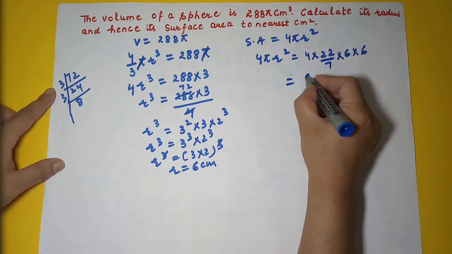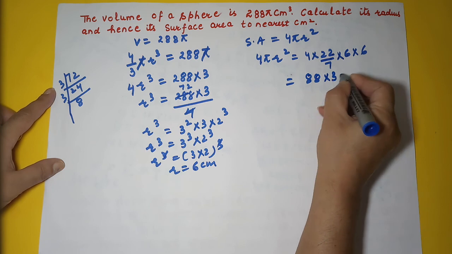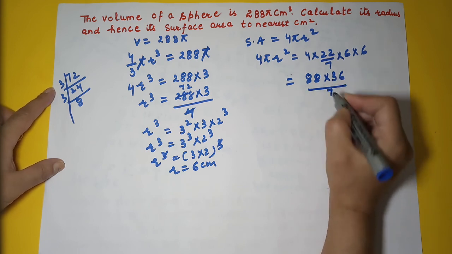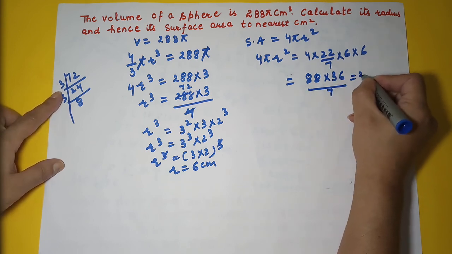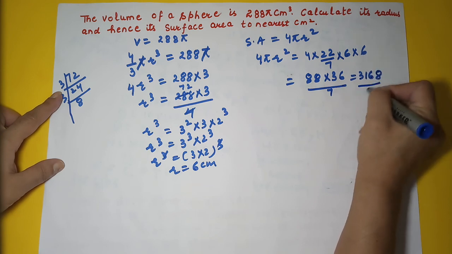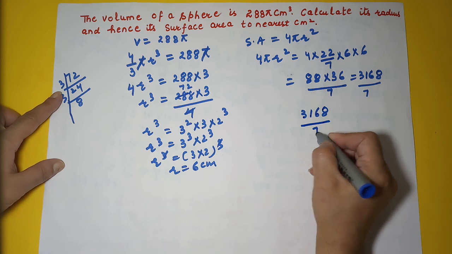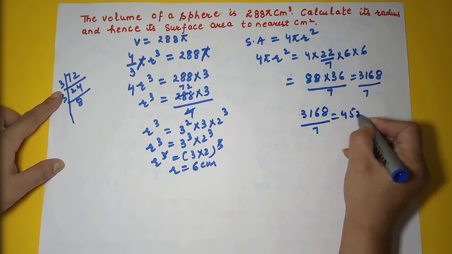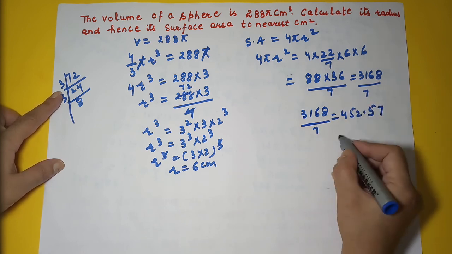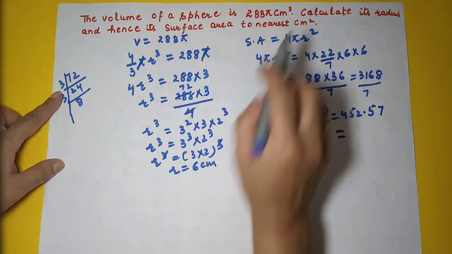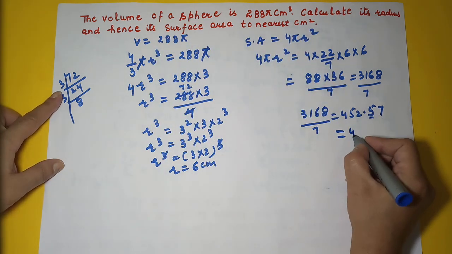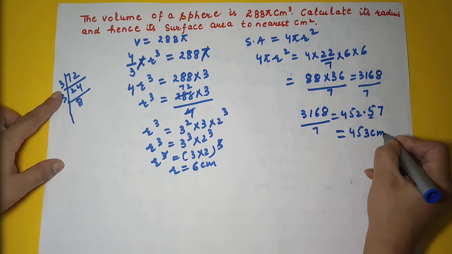So which is equal to 88 into 36 divided by 7. Right? So that is equal to 3168 divided by 7. So 3168 divided by 7 is 452.57. So if you have to calculate it to the nearest centimeter square, the nearest will be 453 centimeter square.